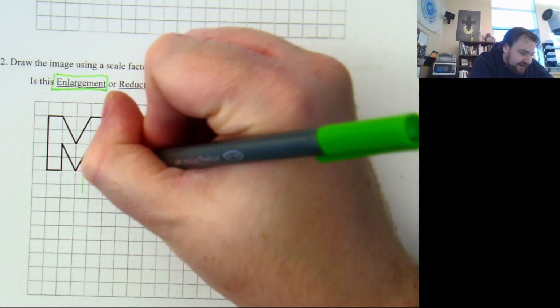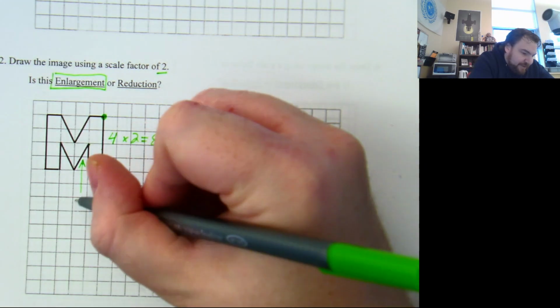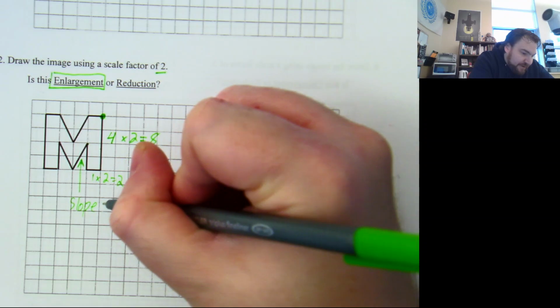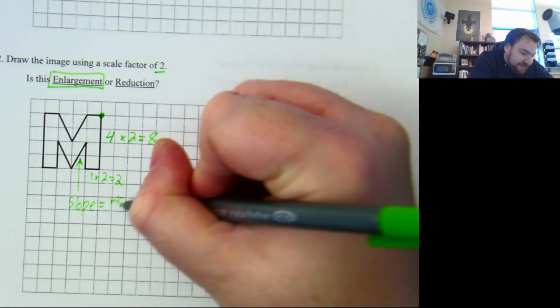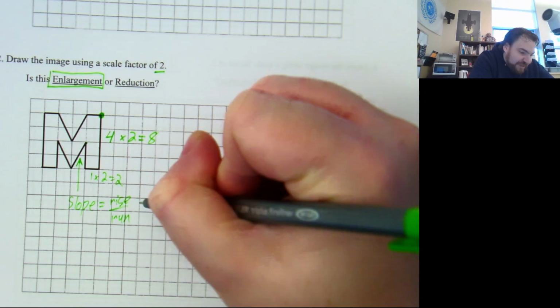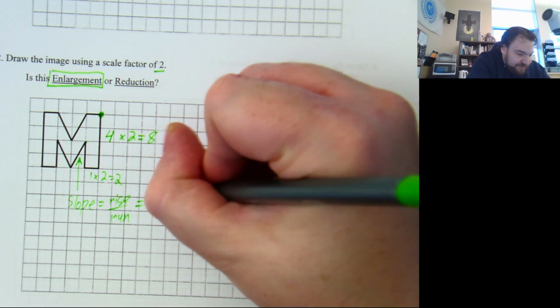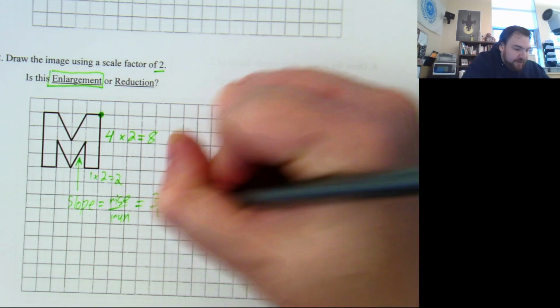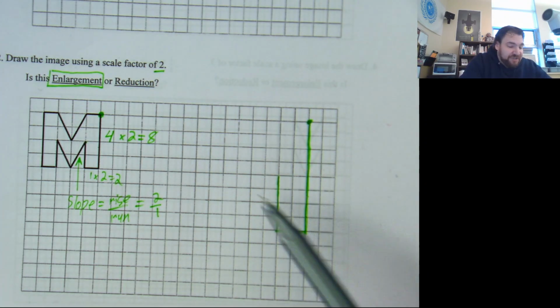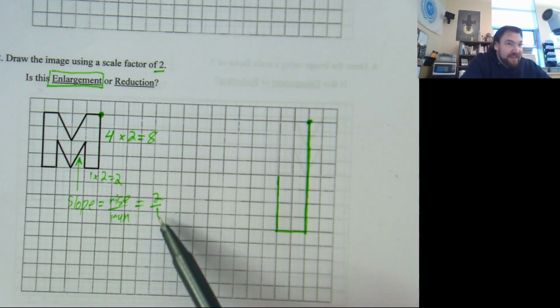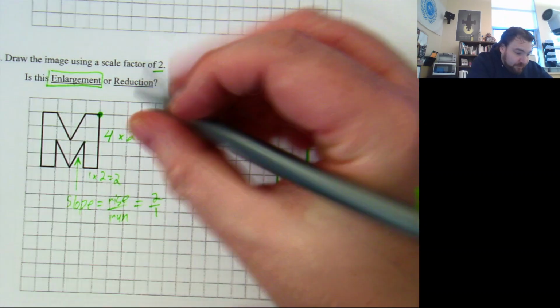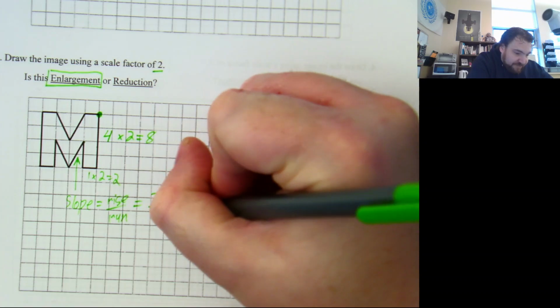So for this guy right here, the slope, if you recall, slope equals rise over run. So in this thing, it's got a rise of 2 and a run of 1. So in our scale diagram, I need to multiply every part of this by 2. Times 2, times 2.